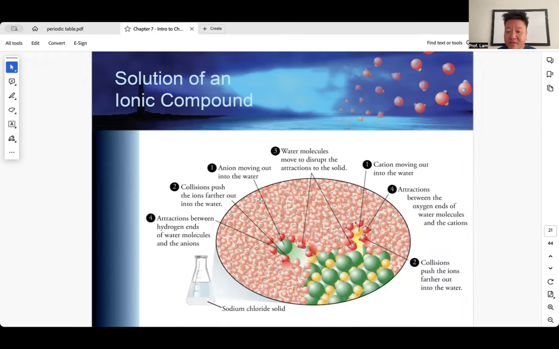Okay, so here's that picture representation of what I was explaining about salt dissolving in water. Table salt is in a crystal lattice, a repeating 3D array of sodium plus and Cl minus stacked upon each other. When it's dropped into water, because water is in abundance, it comes in between the sodium plus and the Cl minus, and it starts to pull away the ions so that you don't see the crystal lattice anymore.